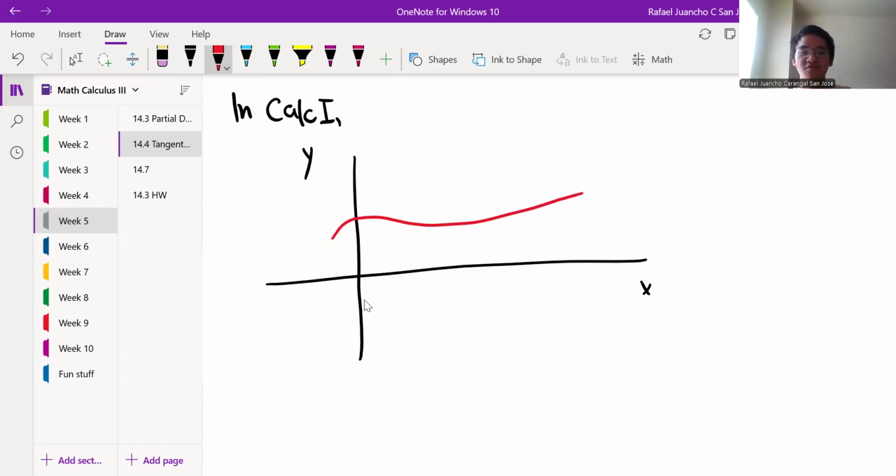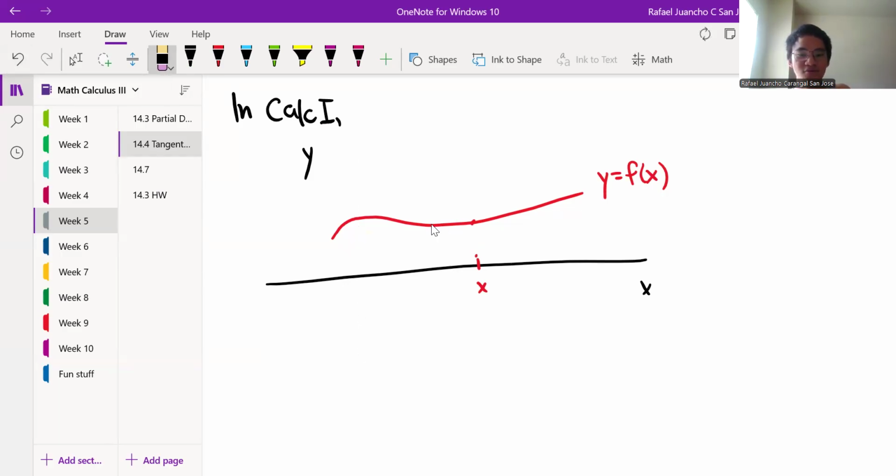We call this a plane curve because it's a curve on the plane, right? And let's say this is y equals f of x. The typical case is a function where we plug in some x, we get a corresponding y. So this is the point (x, y), right? So that's the basics.